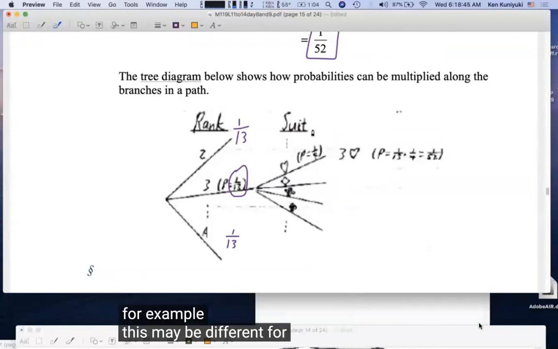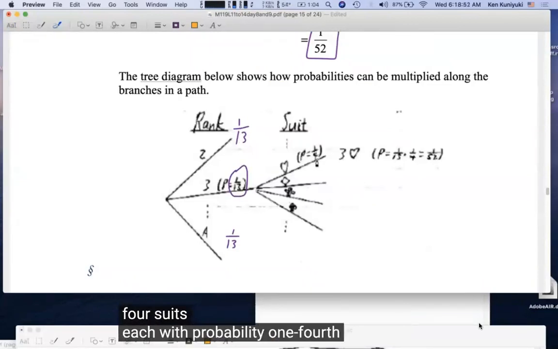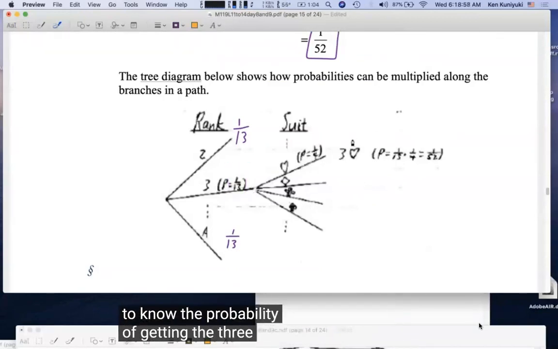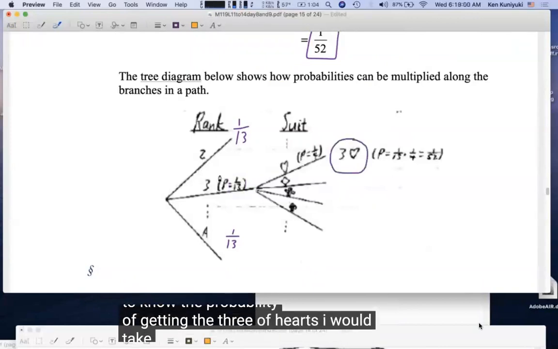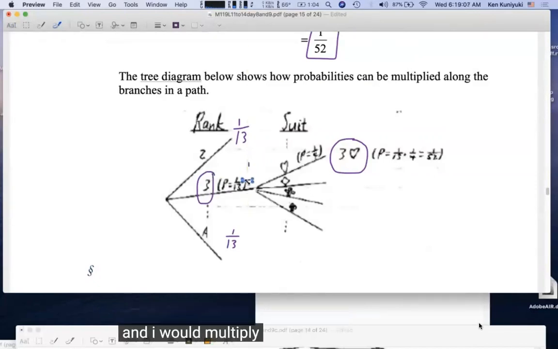Now for suits, each of these ranks corresponds to 4 suits, each with probability 1/4 for hearts, diamonds, clubs, and spades. So if I want to know the probability of getting the 3 of hearts, I would take the probability of getting a 3, which is 1/13, and I would multiply it by the probability of getting a heart, which is 1/4.